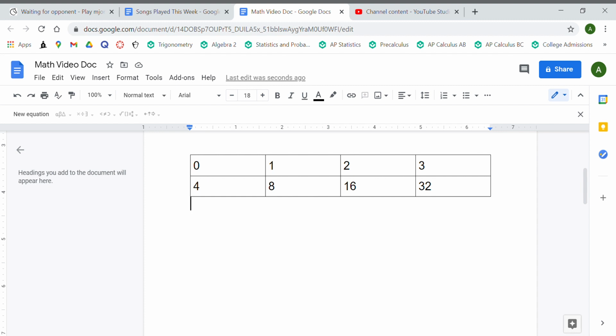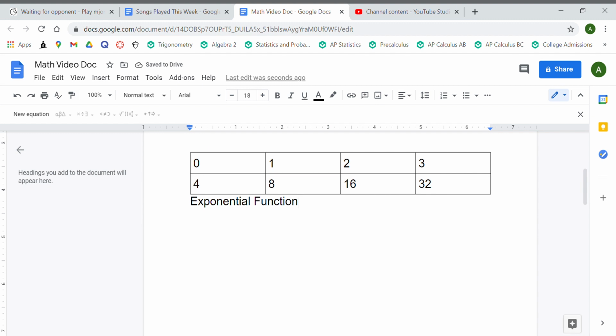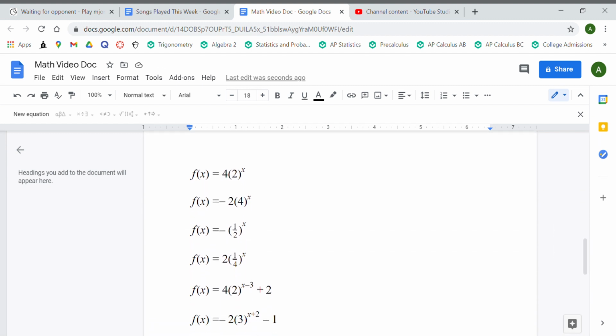And so we have a function in which for every increase in x by 1, y increases by a factor of 2. So every time x increases by 1, y is doubled. That is the concept of an exponential function. And today we're going to be looking at how we graph these.